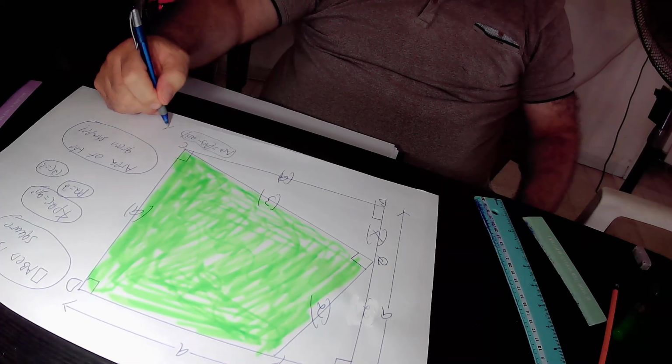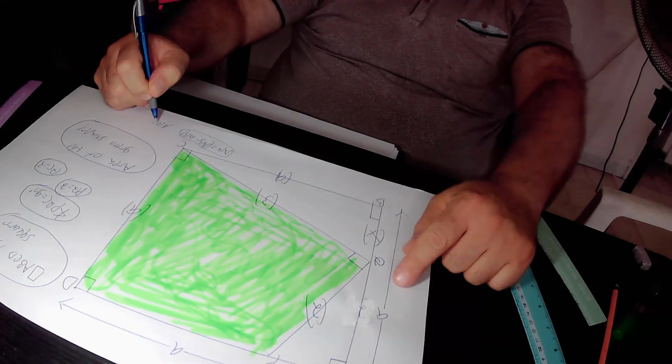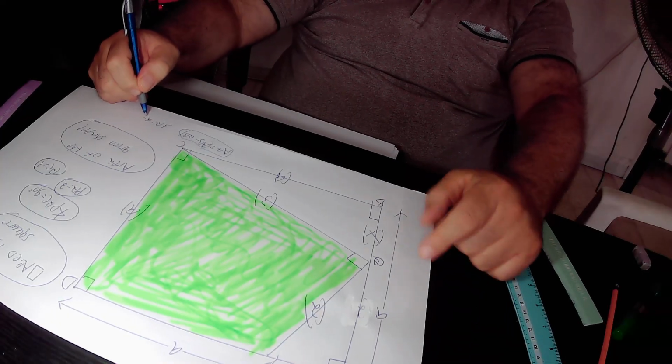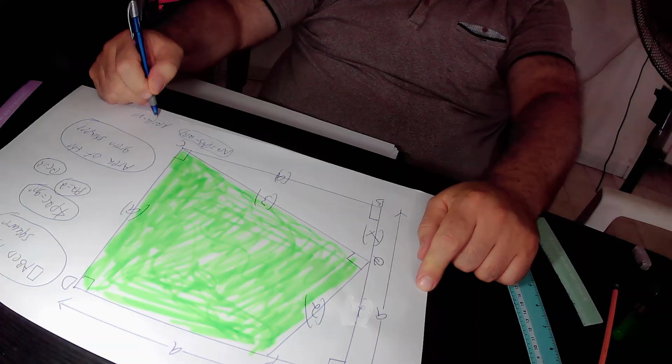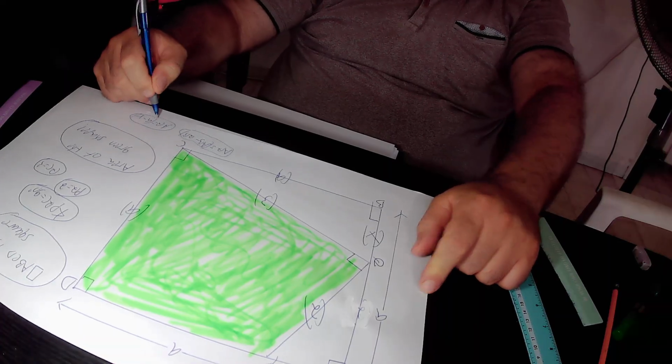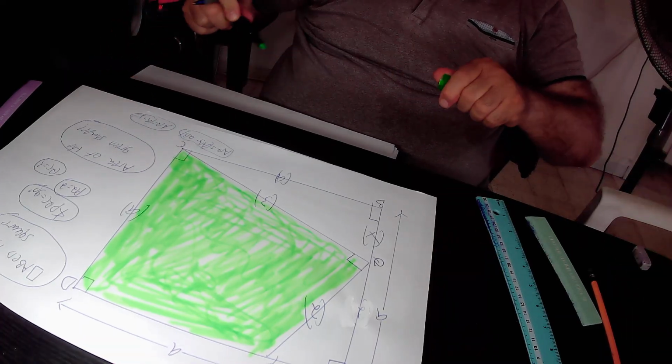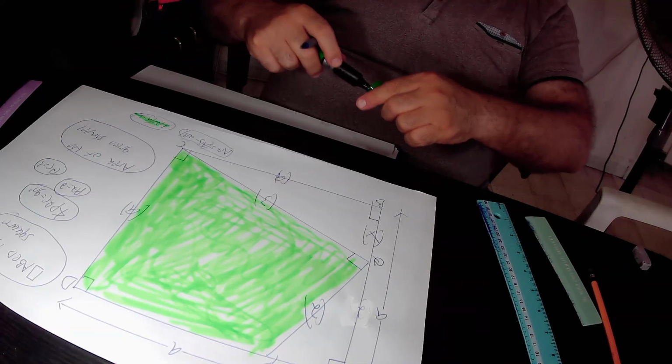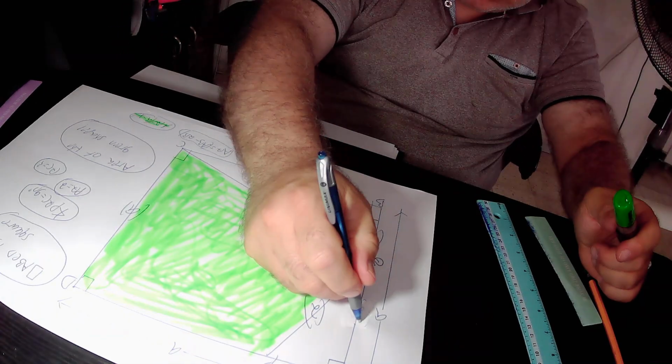So AQ in total equals AB, that is A, minus QB, that is X. So in total AQ equals A minus X units in its length.